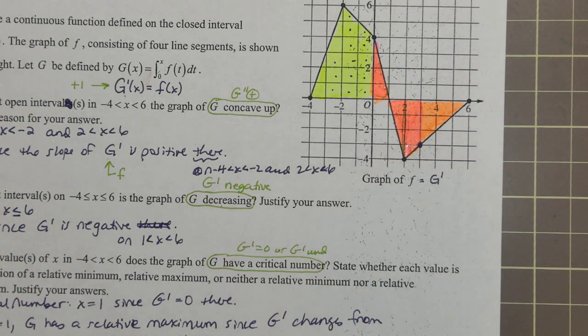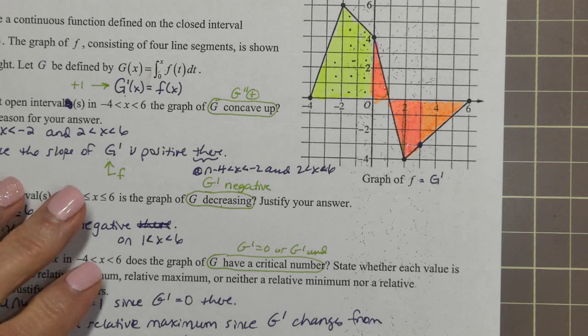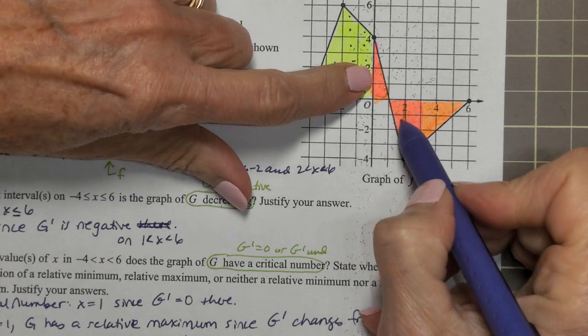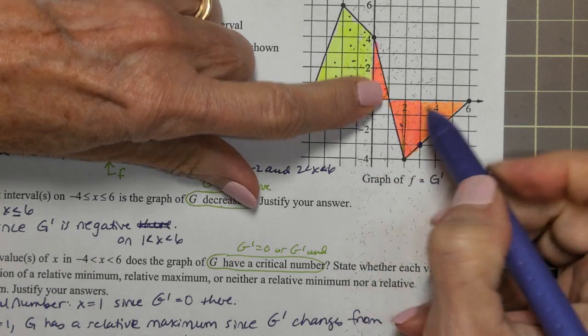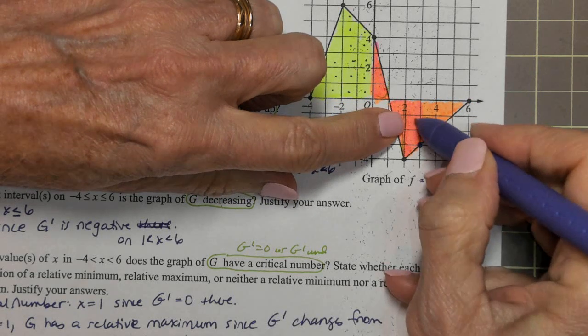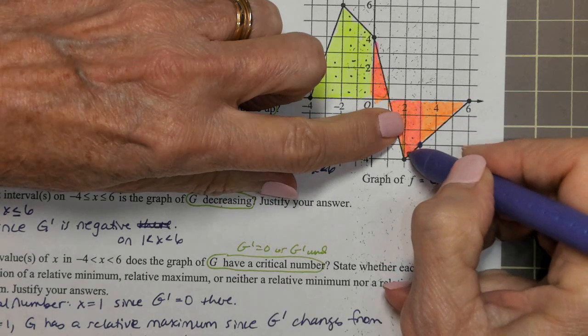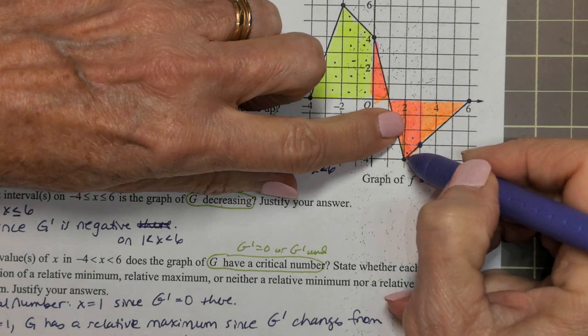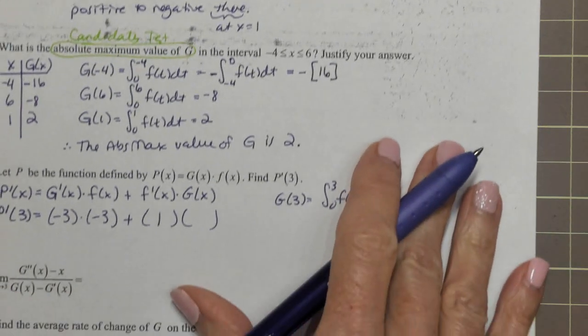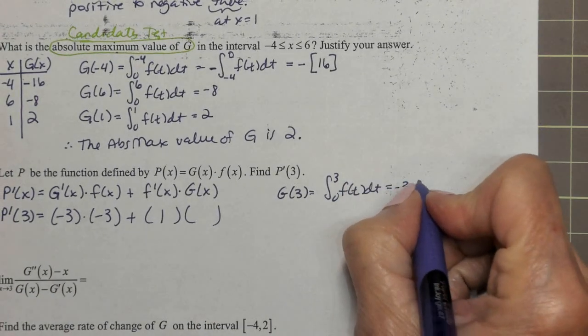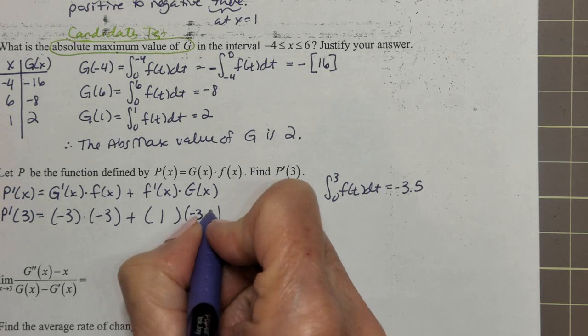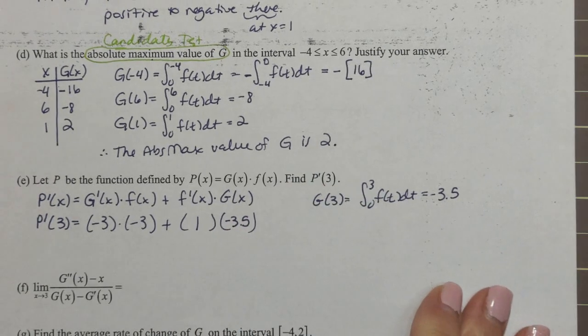So once again, the slim triangles are going to cancel each other out, and I will be left with this piece, which is 1, 2, 3.5 below the x-axis, so that is a negative 3.5. Save, stop, we're done.